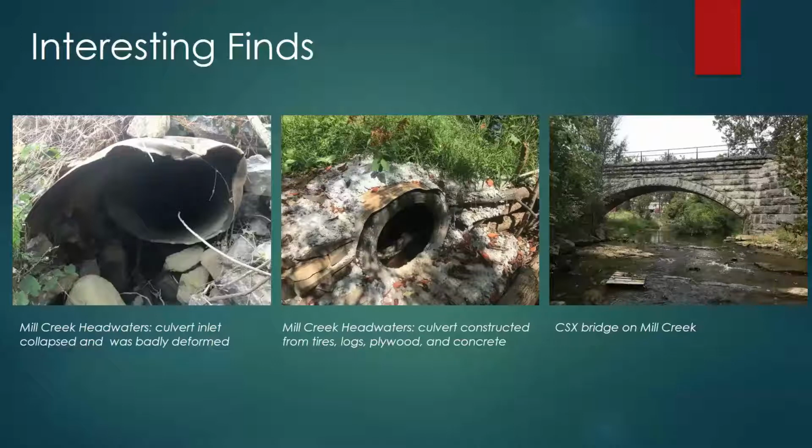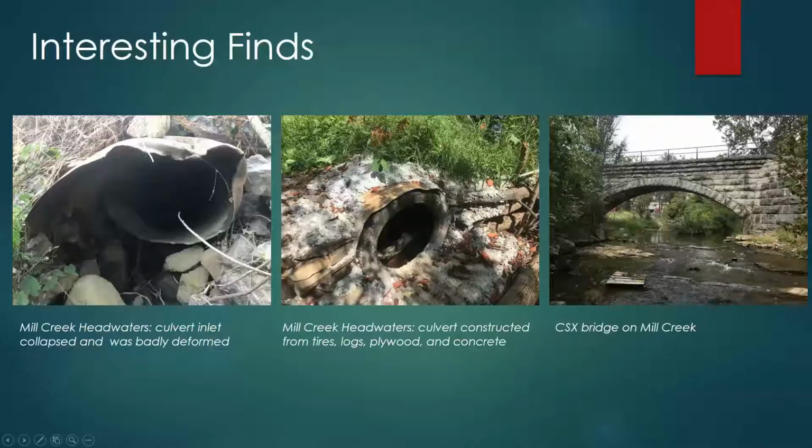This is just a poor example of a crossing. And then I also provided a picture of one of the CSX bridges on Mill Creek. In all cases, all the CSX sites were really good crossings for passability. I think they all scored very high, very wide, very robust structures.